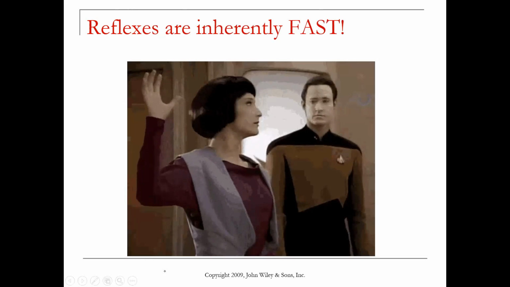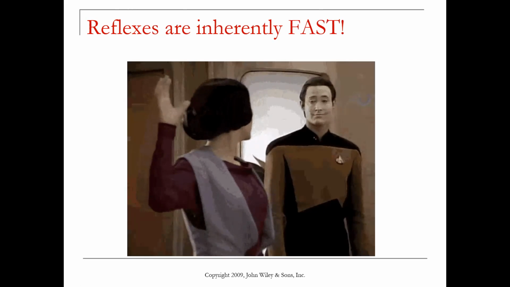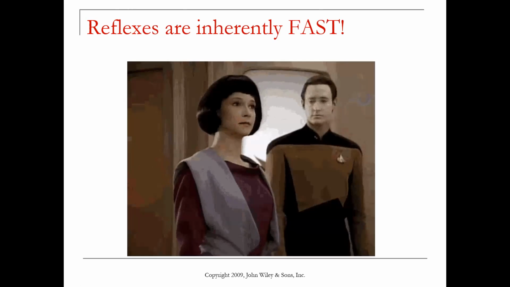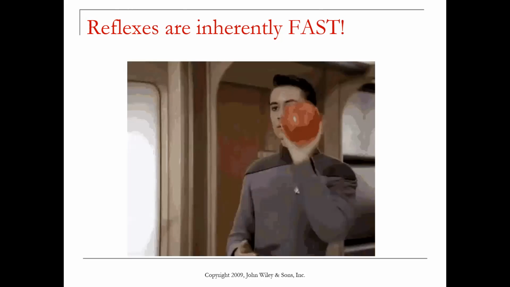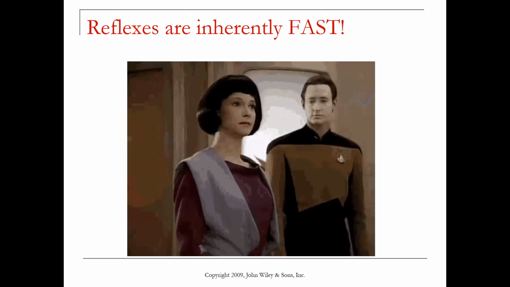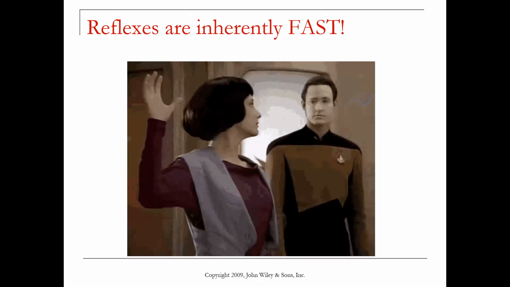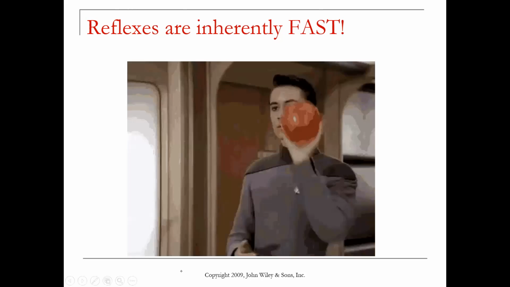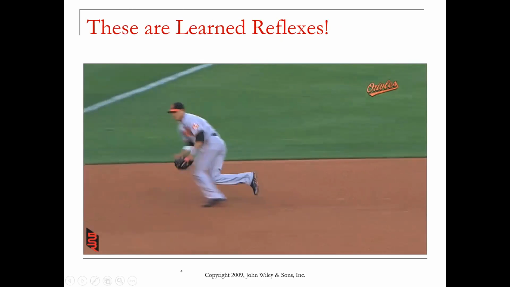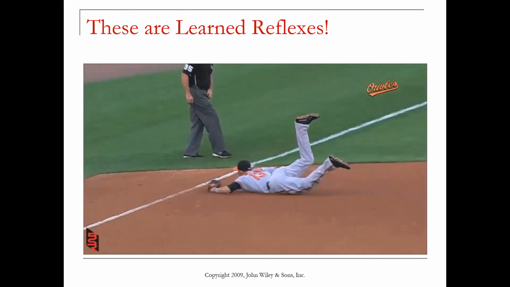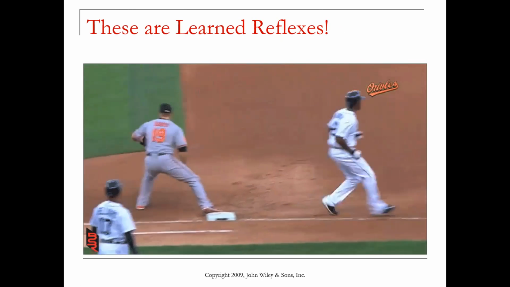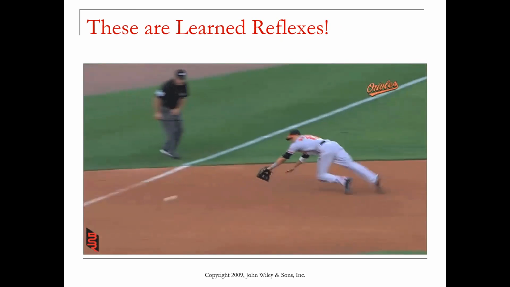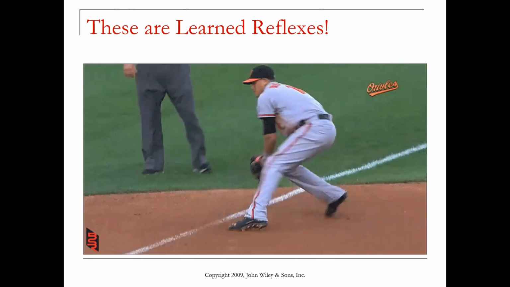Reflexes are always fast. Good example here of hand-eye coordination, or reflexive action. It's not working, but this is a learned reflex. The third baseman doesn't stop to think what he has to do.